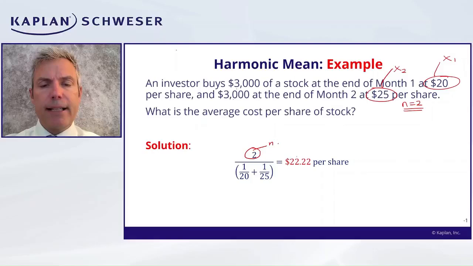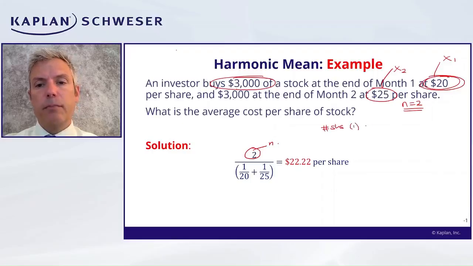Do we believe that that's our average price? Because this isn't a massively complex application, is it? Just for our sanity, it might be worth saying, look, if you spent $3,000 at a price of 20, the number of shares you bought in month 1 is going to be $3,000 divided by 20, which is 150. And the number of shares that you bought in month 2 is going to be slightly fewer, because you're dividing your 3,000 by 25.